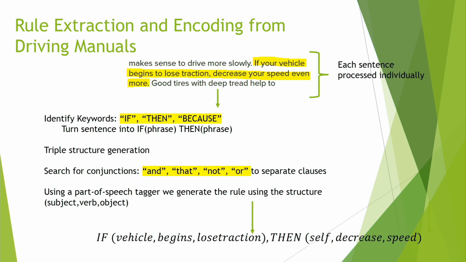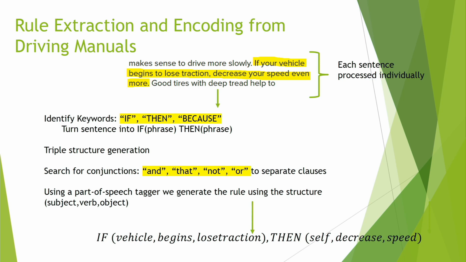So how does the rule extraction process work? We process each sentence individually, and we look for certain keywords, such as if, then, and because. Then we separate the sentence into two phrases, the if phrase and the then phrase. This allows us to start the triple structure generation.